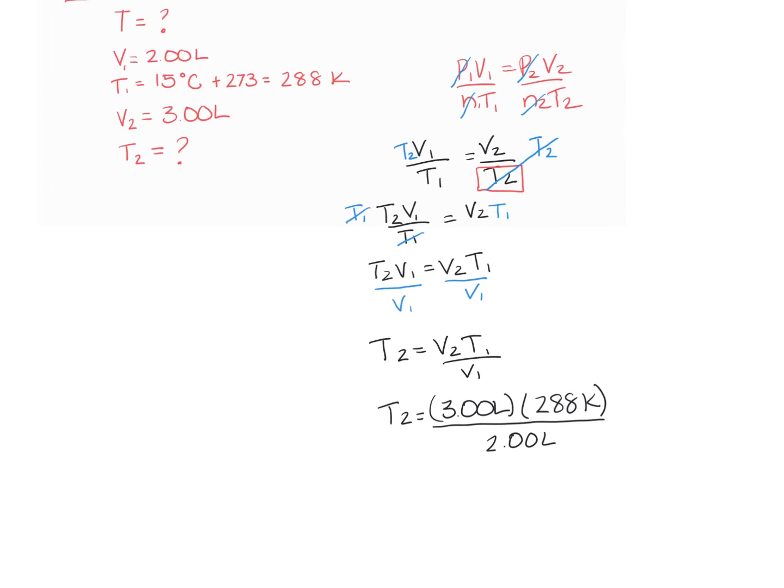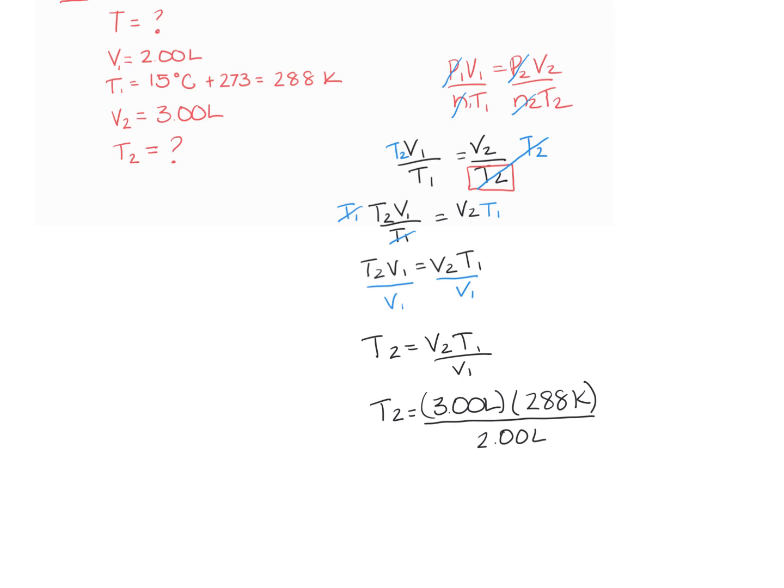When you do this math to the proper number of significant figures, you get 432 Kelvin. Now, the question asks for the temperature in degrees Celsius, so we want to convert from Kelvin to degrees Celsius. We just subtract 273, and that gives us 159 degrees Celsius.